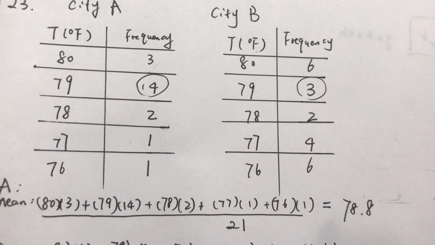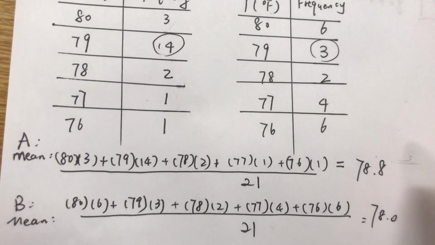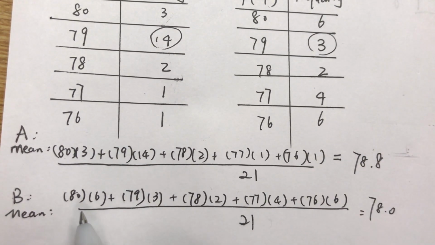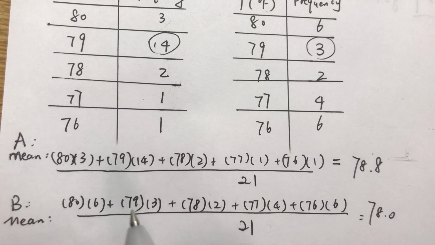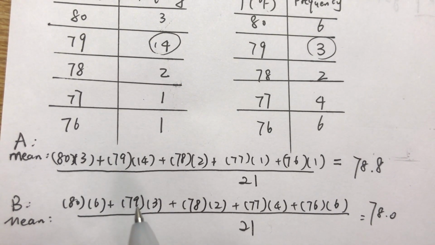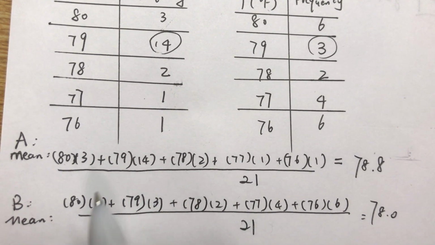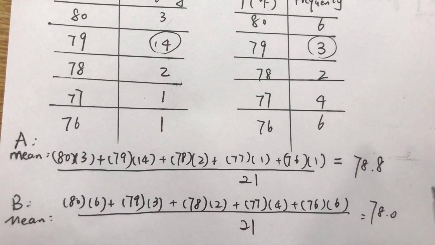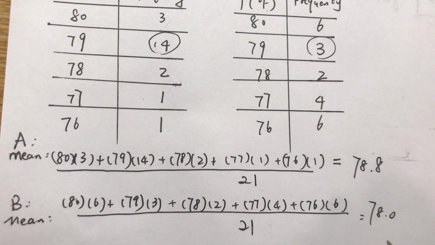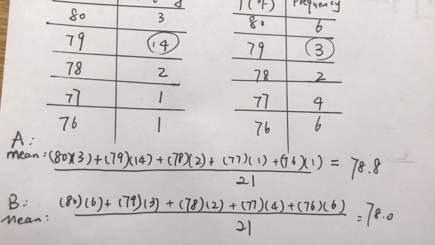So this is the mean of city A. For city B, we do the same thing: 80 times 6 plus 79 times 3 plus the rest, divided by 21. We calculate the mean for city B is 78.